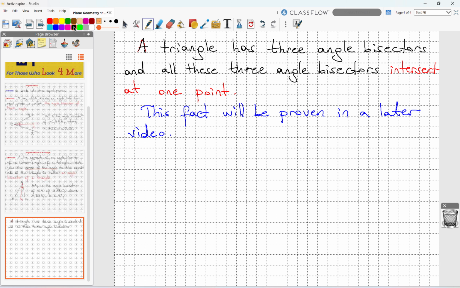Okay, let's quickly see these three angle bisectors on a triangle. Let's say triangle ABC.